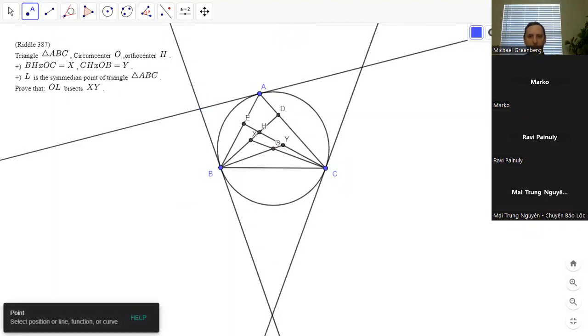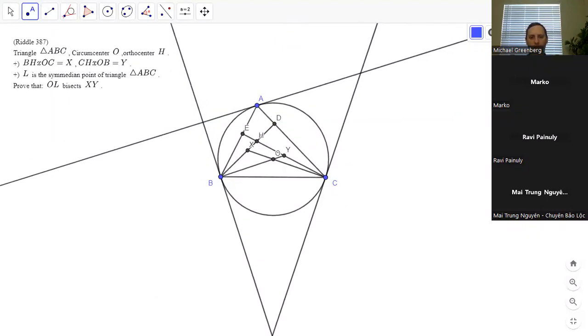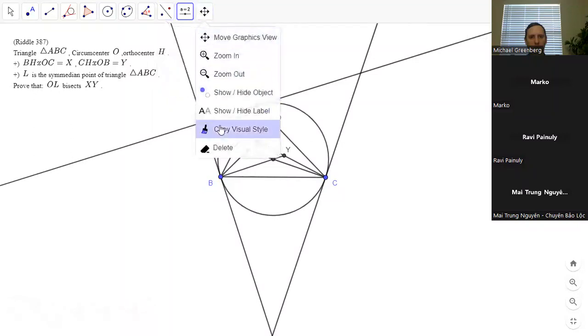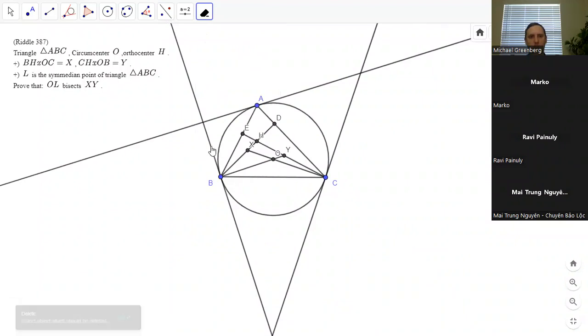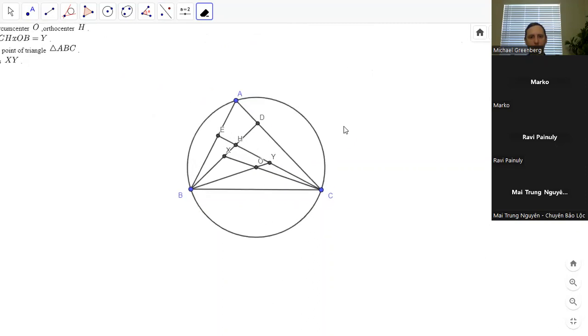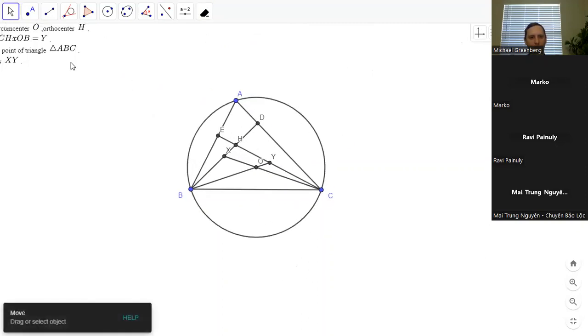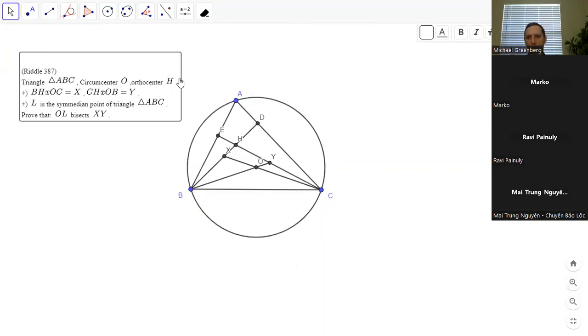I think this figure is too messy. I'm gonna redraw some stuff here. Let me draw this from scratch. Actually, yeah, I'm just not going to draw the tangents. Okay.